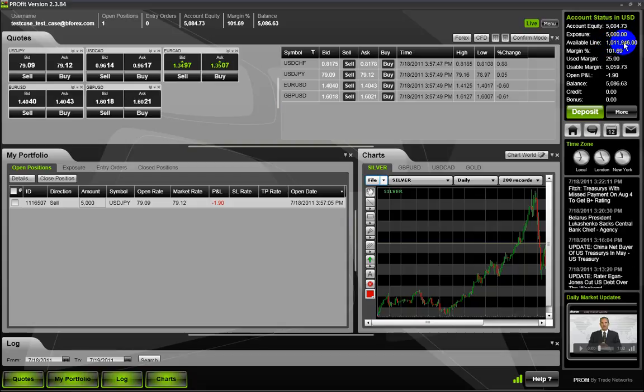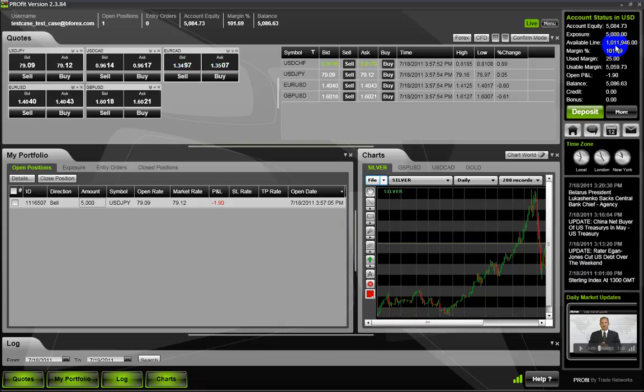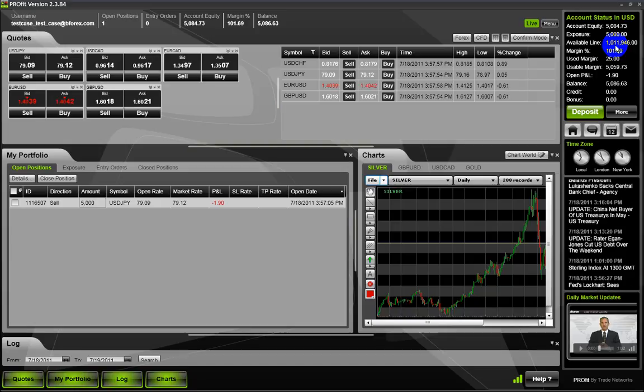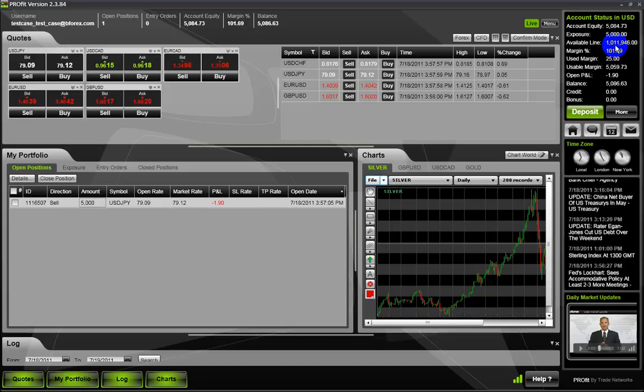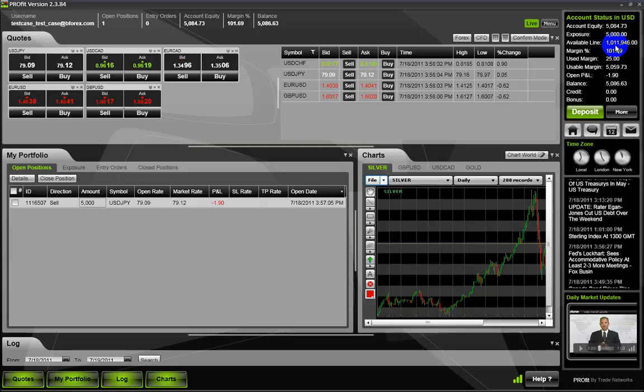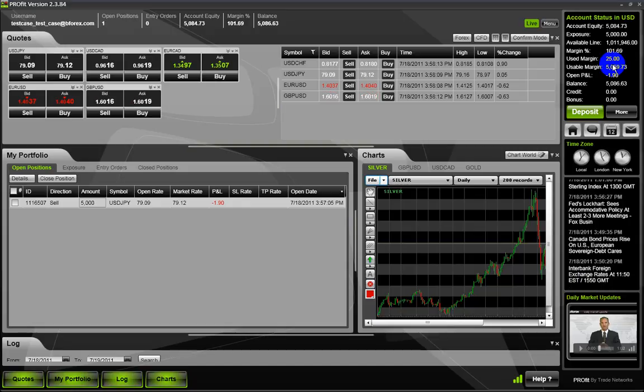The available line is going to show us how much total do we have in order to open up positions with, and we can basically get this number very simply by multiplying our current account equity by 200, which is the amount of leverage that's applied. Now you'll remember that when we opened up the position, it said a required margin of $25.